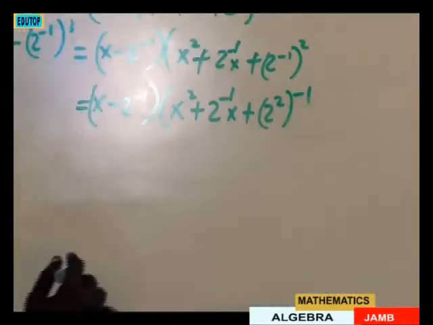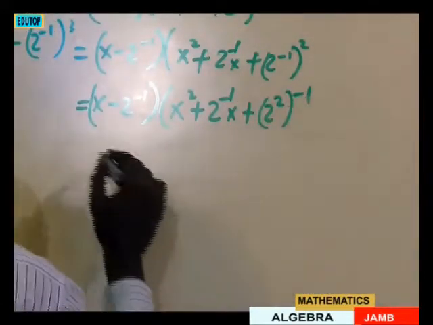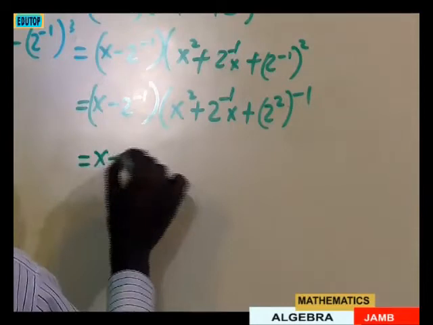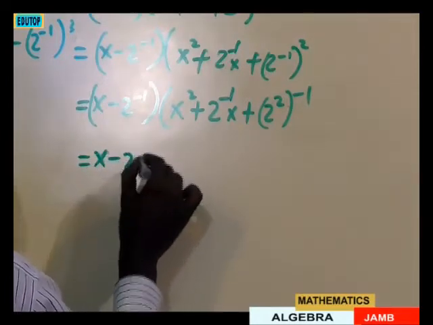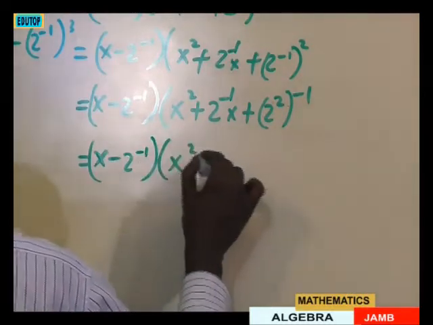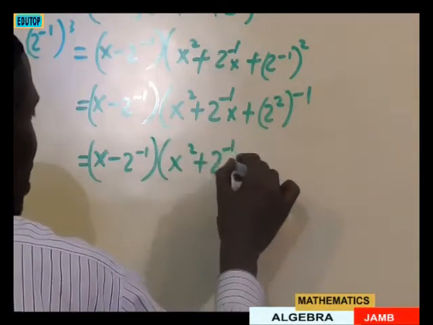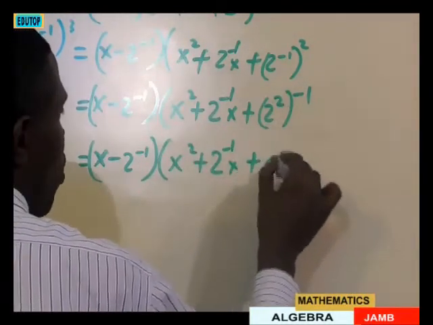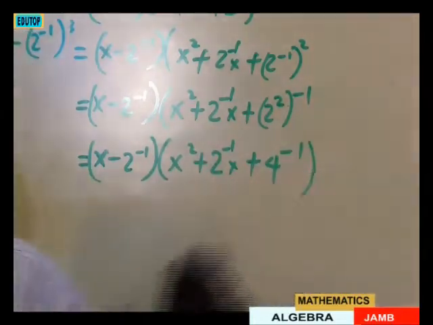Remember I said they can interchange. So you can have something like that. Then at the end of the day, I'm going to have x minus 2 raised to power minus 1, then you have x squared plus 2 raised to power minus 1 x plus 4 raised to power minus 1. So we go now.